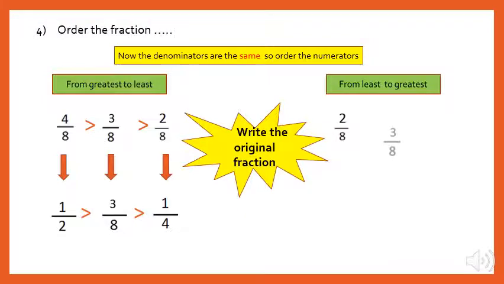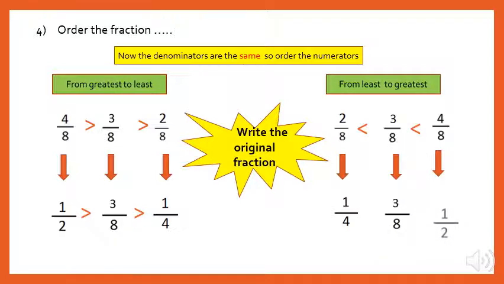If we want to order from least to greatest, 2/8, 3/8, 4/8. And then we should write the original fraction for each one. 2/8 was 1/4, 3/8 the same, did not change, and 4/8 is 1/2.